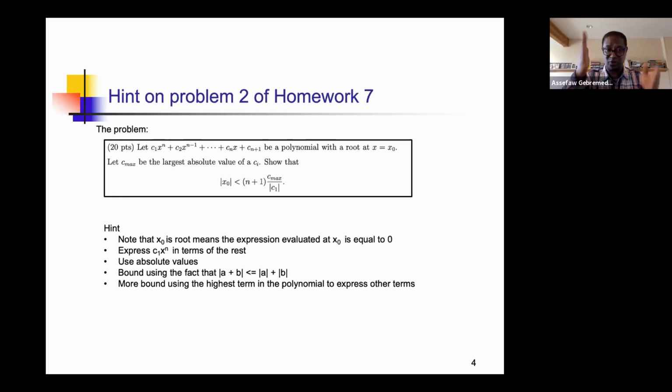So you've got this expression, a polynomial of a single variable, and it says it has a root at x is equal to x0, and then there is a definition for a certain coefficient among these ones, and we call the one that has the largest value Cmax, and you are supposed to show this inequality. This is the reason why the search will be in a limited space, and therefore you can decide, the reason that that problem becomes decidable.